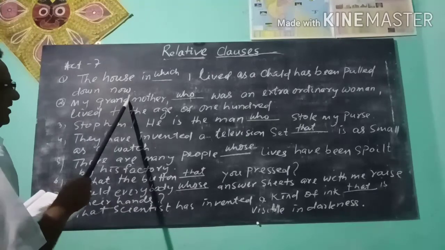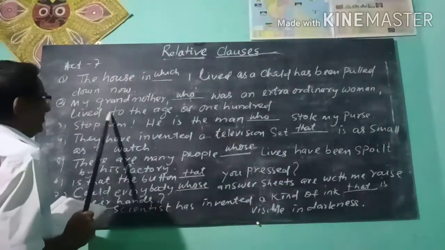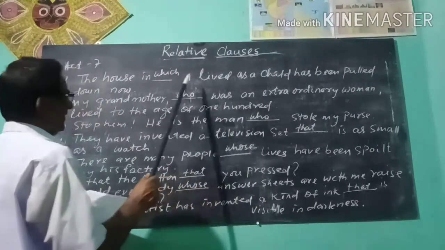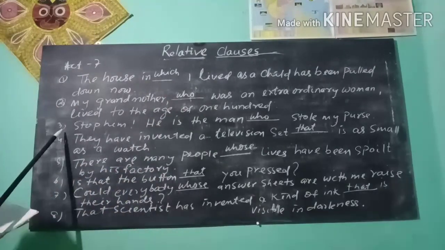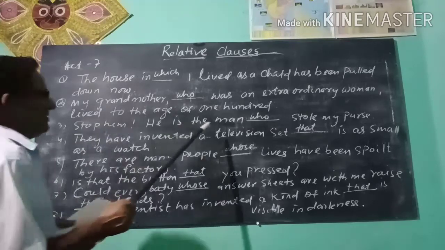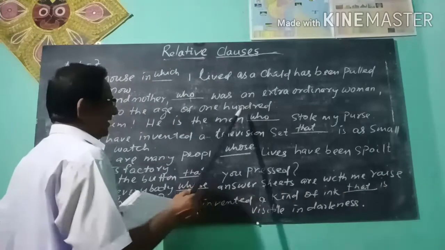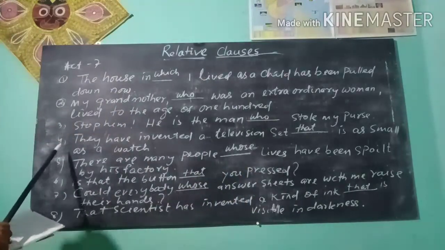My grandmother dash was an extraordinary woman, lived to the age of 100. Here, relative pronoun who is used. In sentence number 3, he is the man dash stole my purse. Here, relative pronoun who is used.